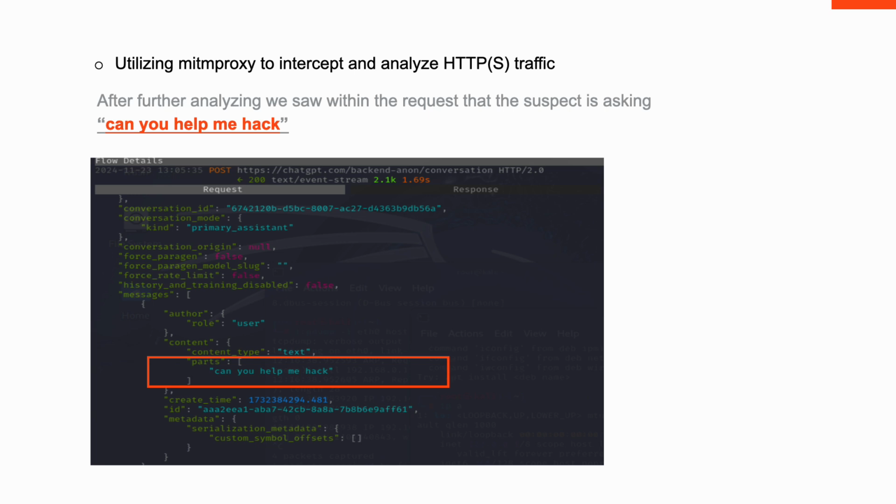And as you can see, we were able to extract the conversation between the attacker and ChatGPT using a man-in-the-middle proxy as part of our network investigation, which was very interesting.